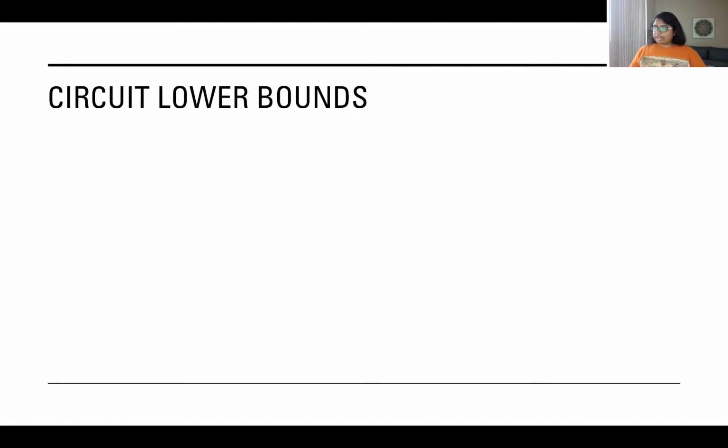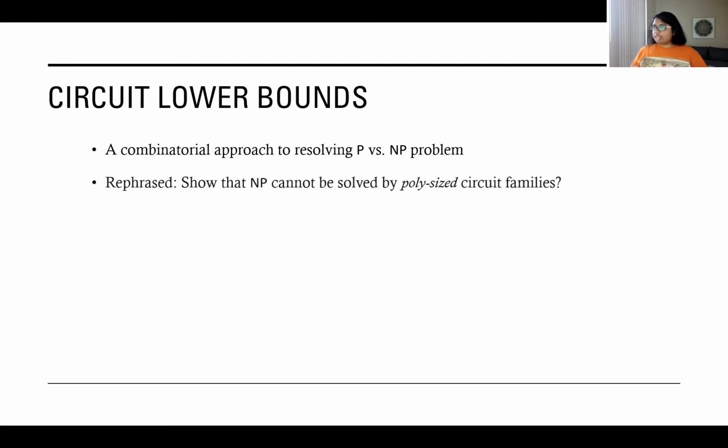As with almost every question that complexity theorists care about, it comes back down to the P versus NP question, right? And circuit lower bounds can be thought of as some kind of a combinatorial way to resolve this problem. What does that mean? I can always rephrase the question to say that maybe I want to show that NP cannot be solved by polynomial size circuit families, right?